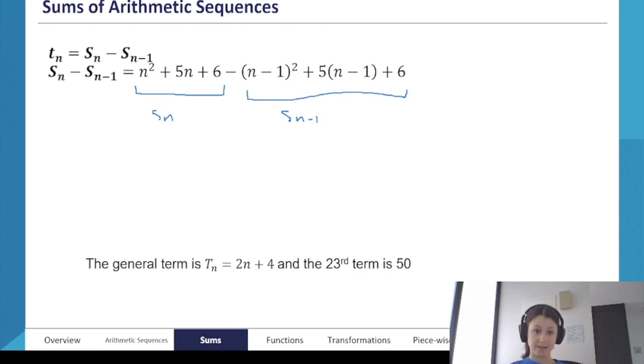So instead of having n, we have n take 1, n take 1. And this is really useful because now we have something for Tn in terms of n only. And we know that our general definition of an arithmetic sequence is going to include Tn and n. Those are going to be the two variables in our equation.